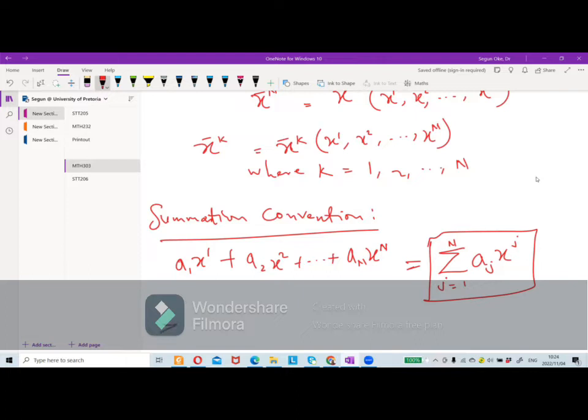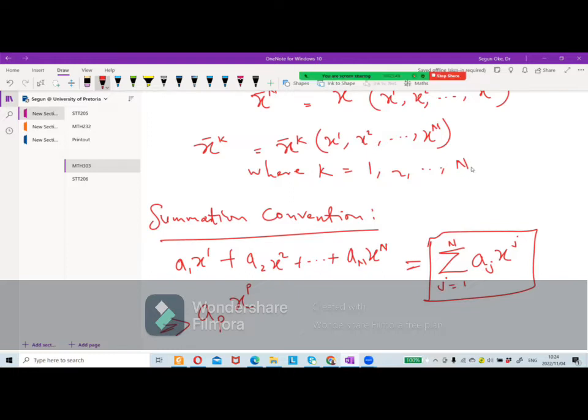They can write it as ap xp. It's still the same thing. We call it a dummy index, or umbrella index. All these things are just definitions that will be necessary.